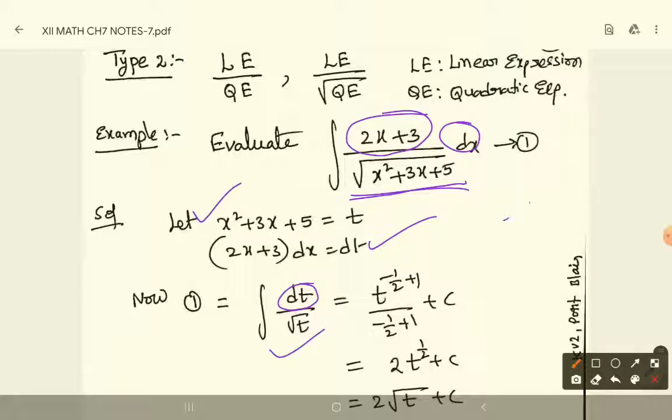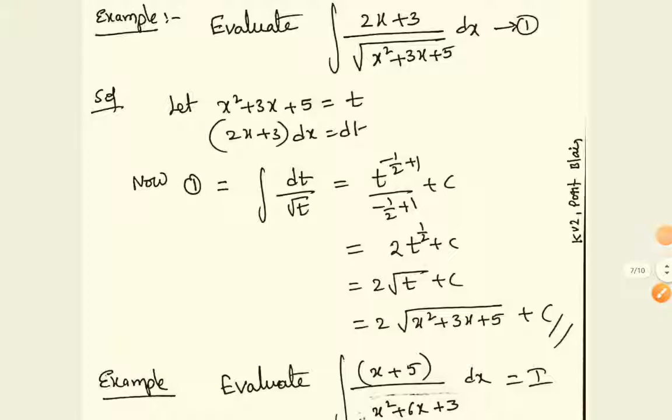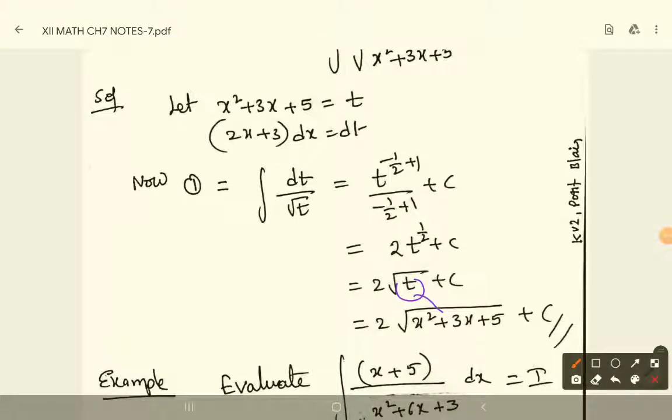So what is 1 by root t? 1 by root t means t power minus 1 by 2. So the integration of t power minus 1 by 2 is t power (minus 1 by 2 plus 1) by (minus 1 by 2 plus 1) plus c. So it is 2 t power 1 by 2 plus c. It is 2 root t plus c. Getting right? Afterwards, substitute what t is.